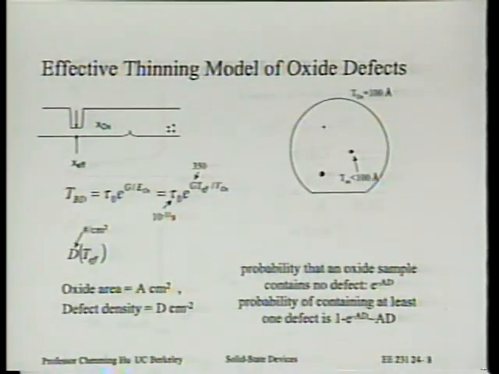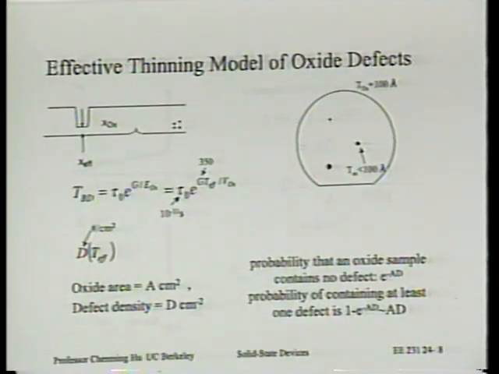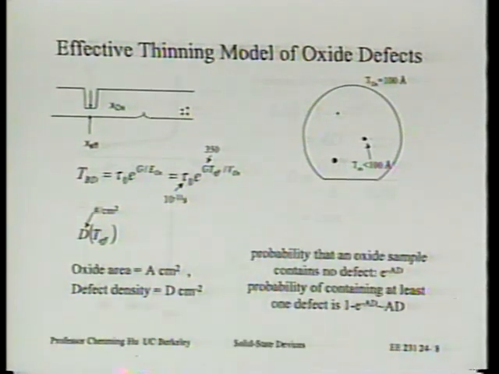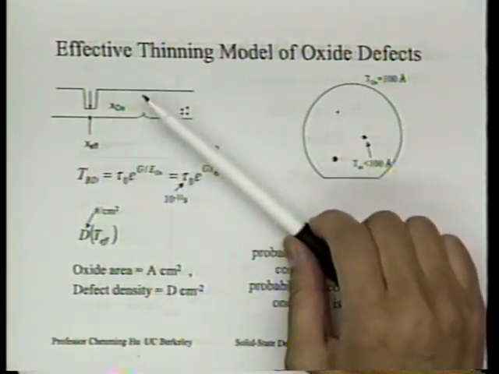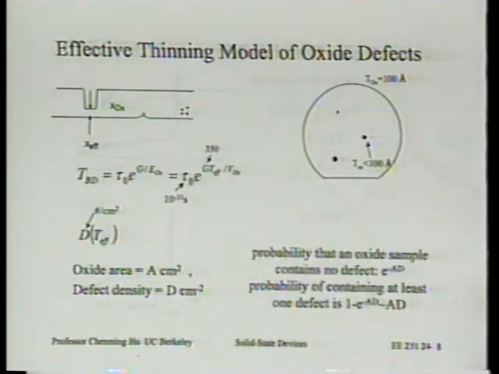All right. Okay. So with that in mind, we have to really start with the view that we don't know what defect is. Chances are there are other different kinds of defect. So we have proposed here from the research at Berkeley a model that we call the effective thinning model of oxide defects.